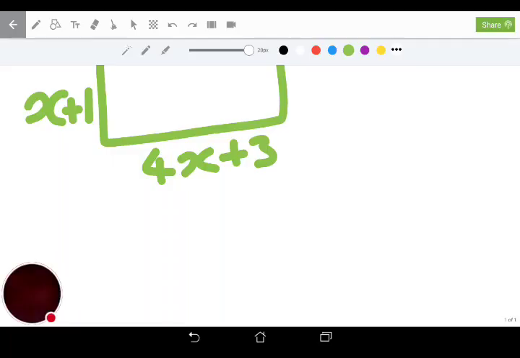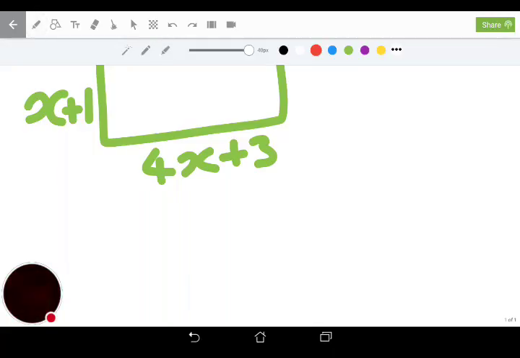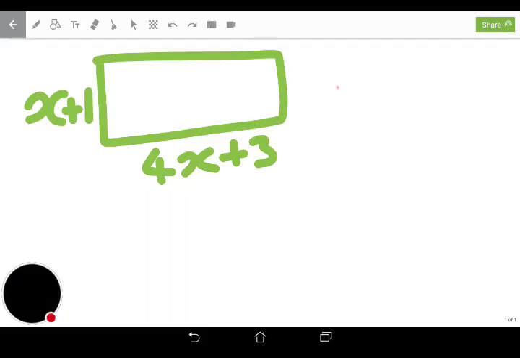So I'm just going to go over the steps that you'd need to do to solve this. The first thing we're going to look at is what we do first. So firstly, we add together. The first thing you're going to do is add them all together. Then you're going to create an expression.